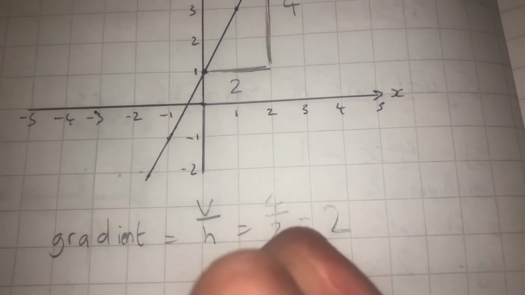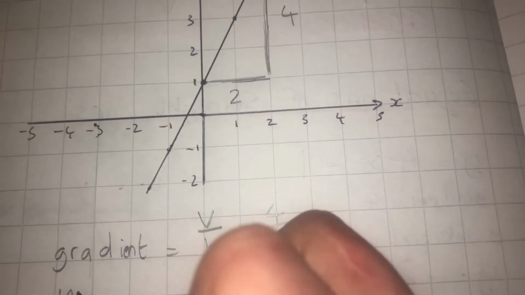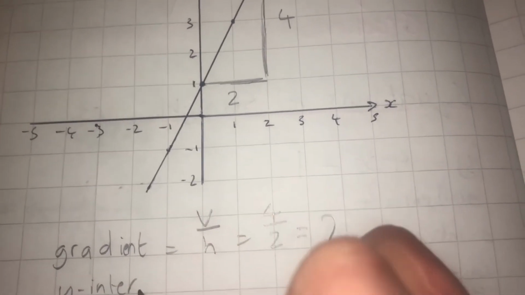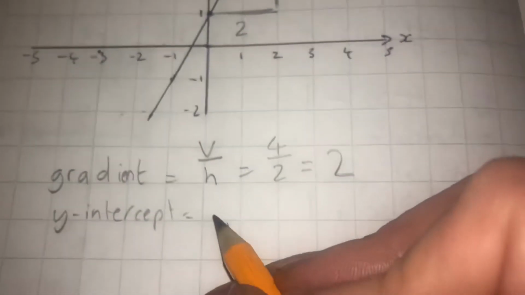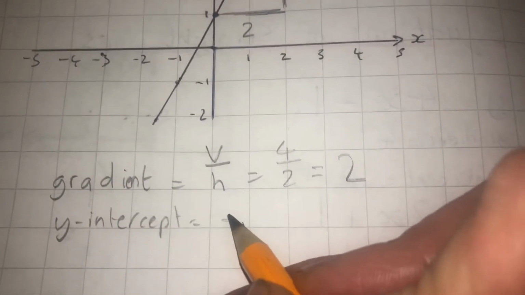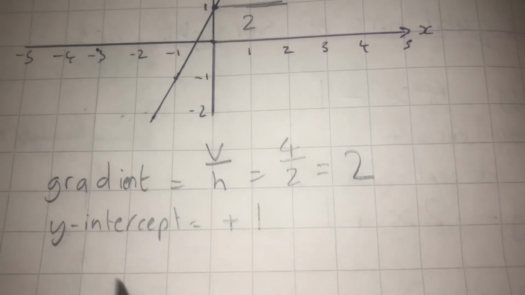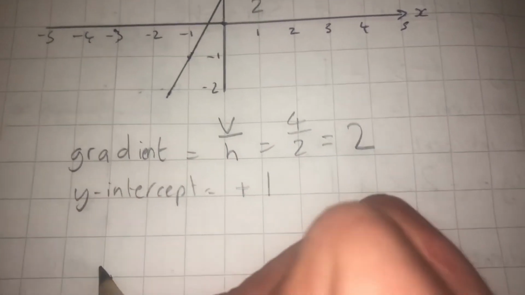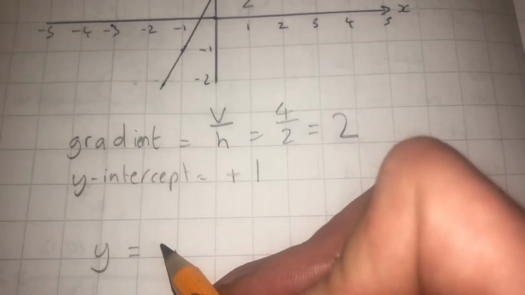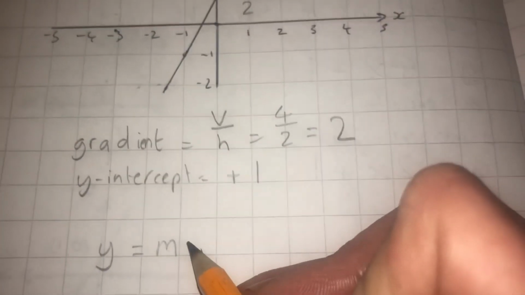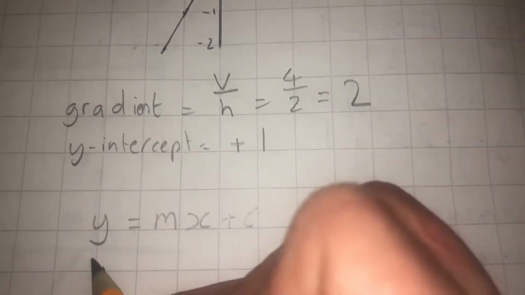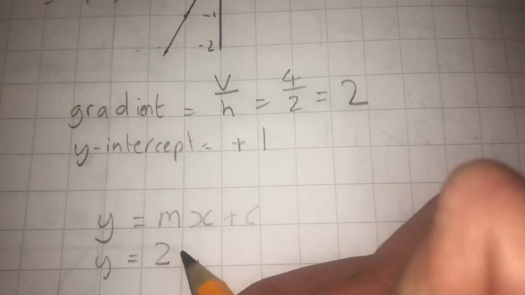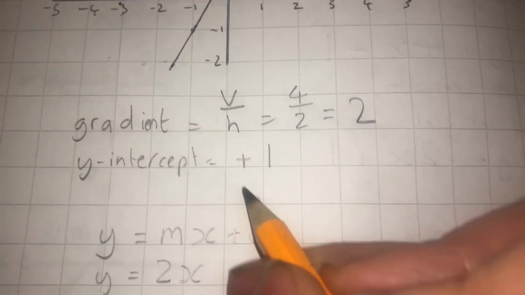The y-intercept, well, we just read where the line cuts the y-axis. It cuts the y-axis at 1, so the y-intercept is just positive 1. So using the gradient and the y-intercept, bearing in mind we understand the equation of a straight line is y equals mx plus c. m is the gradient, which we've worked out, so y equals 2x, and my y-intercept is plus 1.